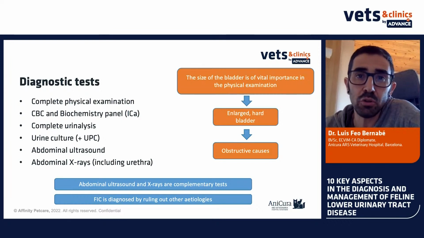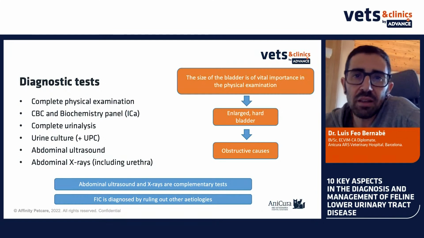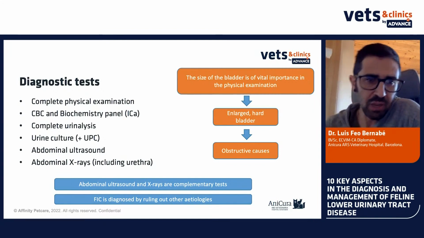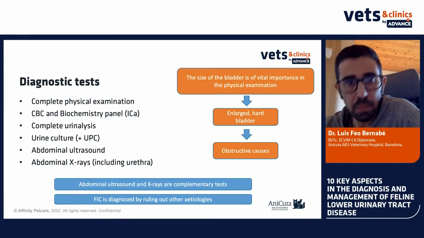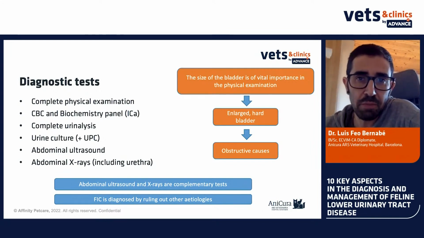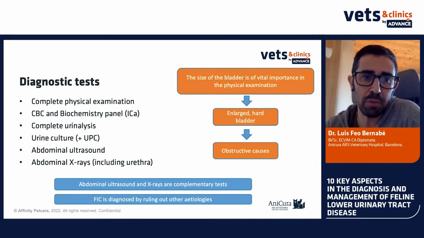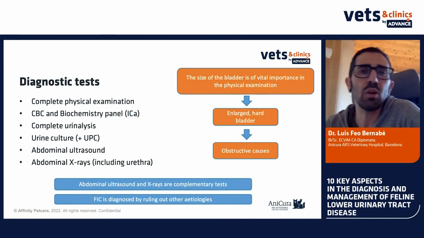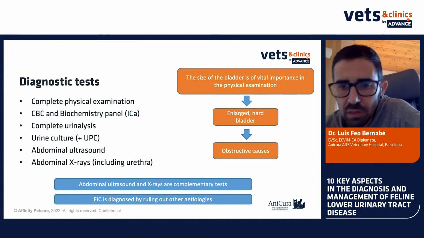For sure, urine culture is really important. And if you have a renal disease, a chronic kidney disease for example, you need to also do a UPC ratio to check if you have proteinuria. As already mentioned, abdominal ultrasound and abdominal radiographs are very important. When you are doing abdominal radiographs, you have to include all the urethra.